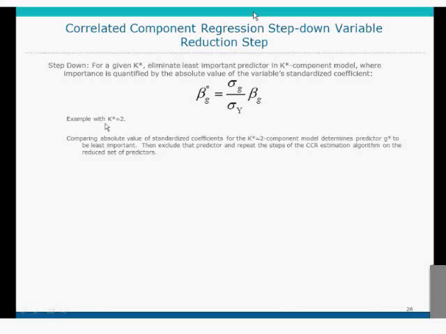Okay, so for example, suppose we had a two-component model. What we do is we standardize the coefficients for the two-component model, and we then see which one has an absolute value closest to 0. We then eliminate that predictor and then repeat the steps of the CCR estimation algorithm on the reduced set of predictors.